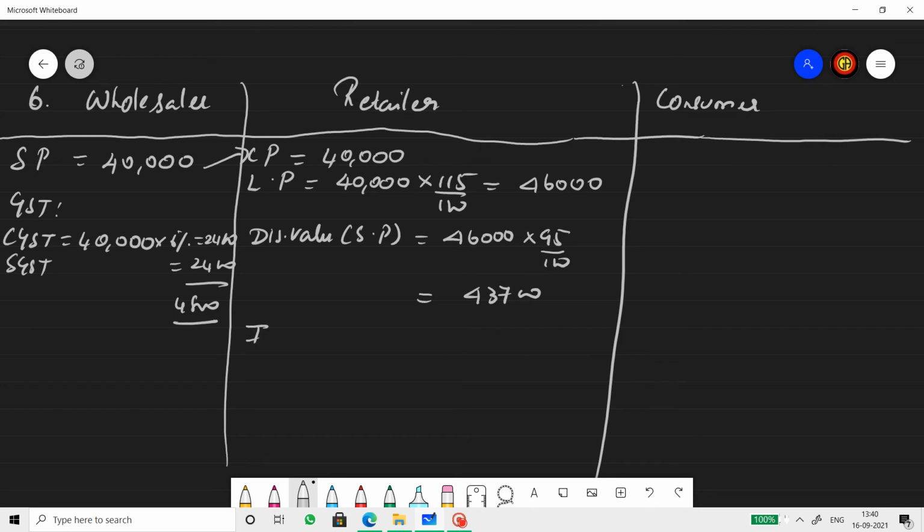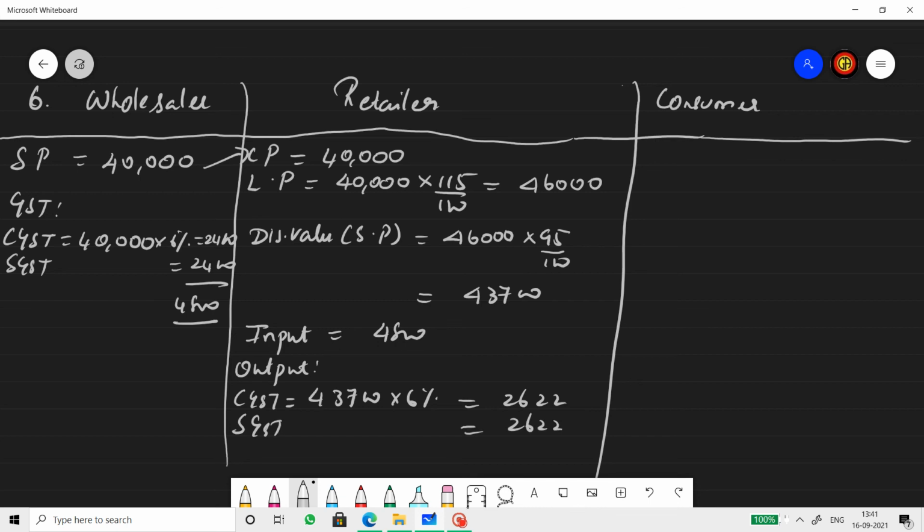Input GST is whatever he has paid to the wholesaler, 4,800. Output GST we have to calculate. So output CGST would be 43,700 into 6%, which works out to 2622. Similarly, SGST will also be 2622. So this will add up to 5244.